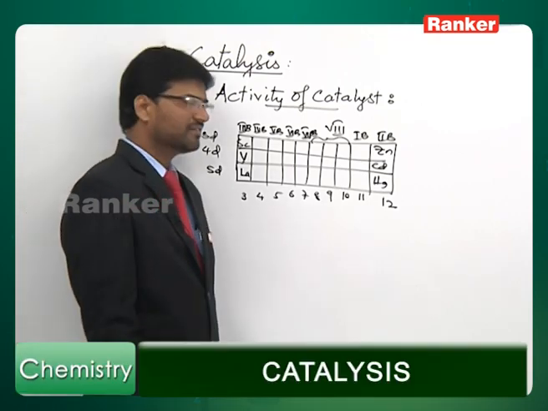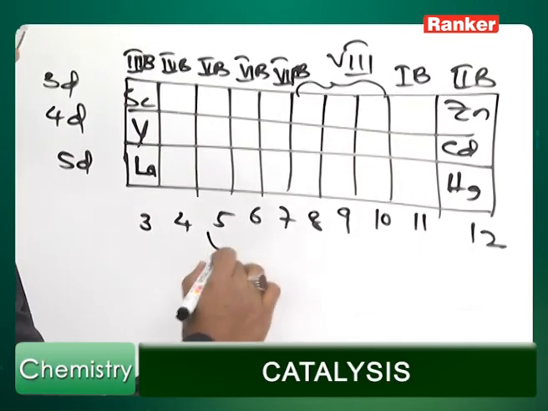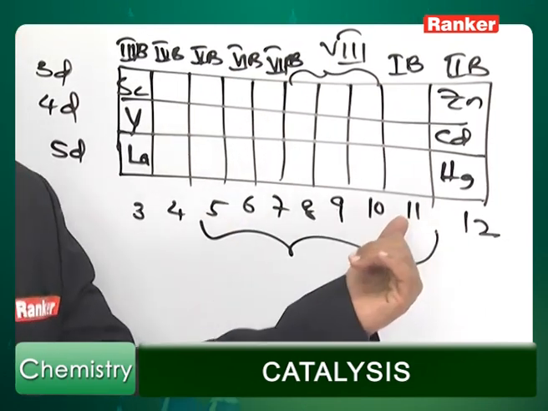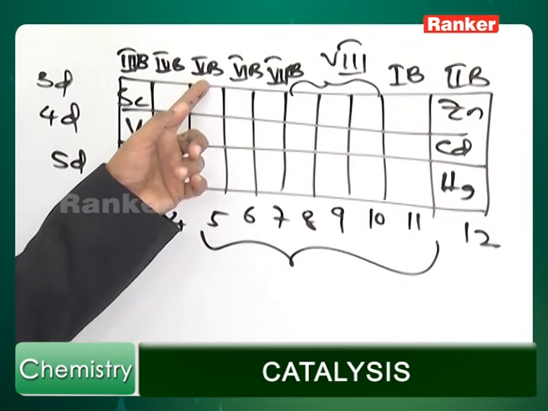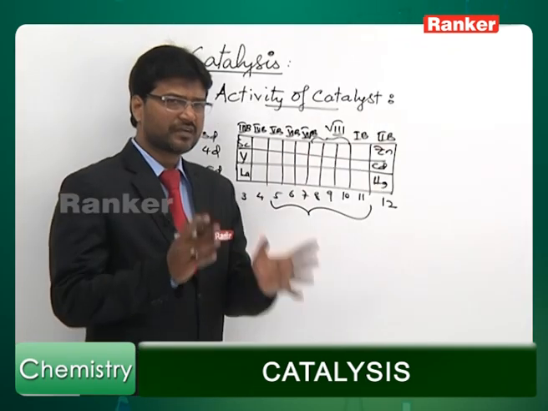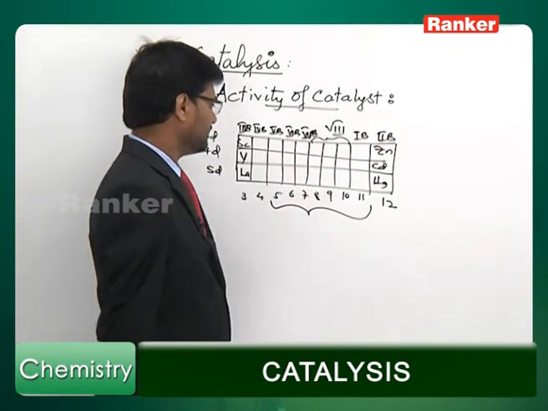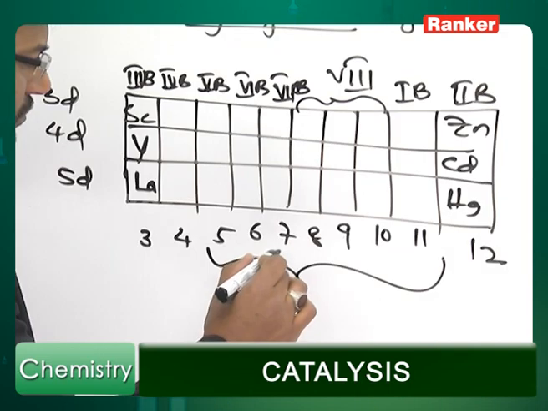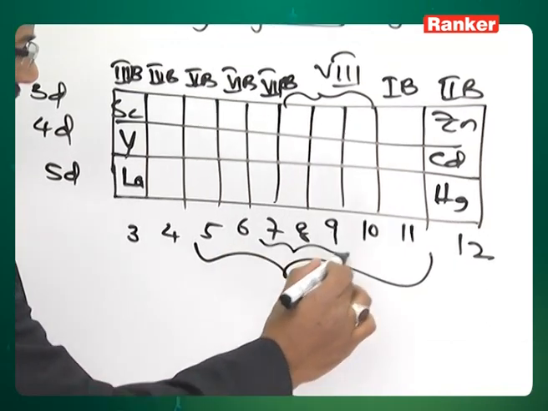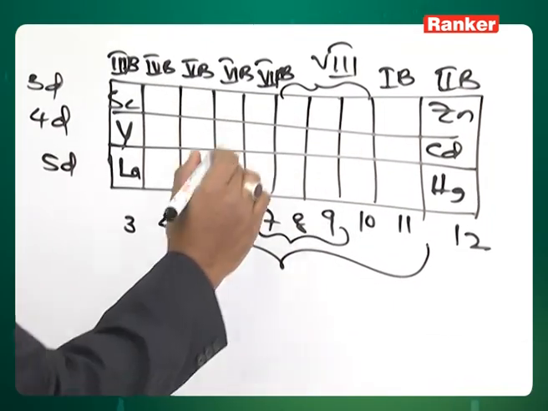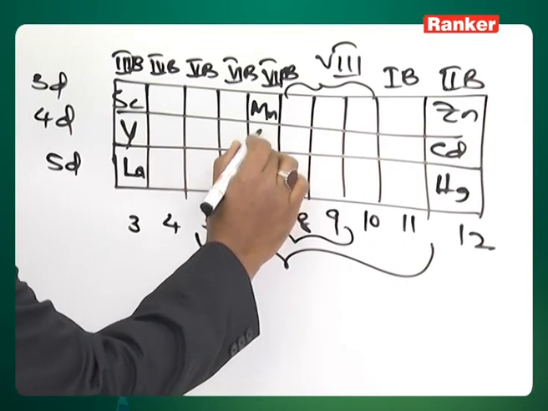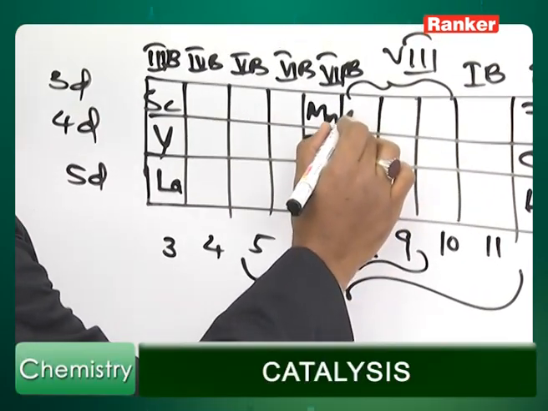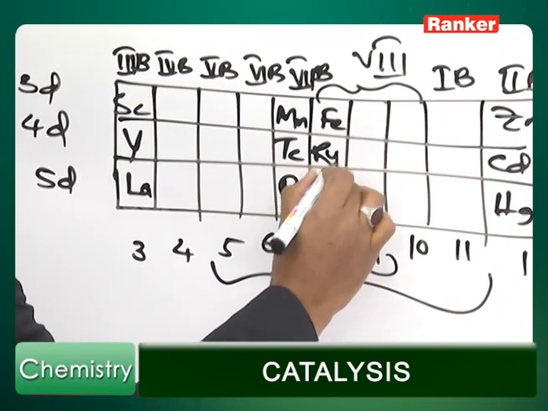For a metal to act as a good catalyst, it should belong to any of these groups from 5 to 11, or I can say from 5B to 1B. These metals act as good catalysts, and among them very good catalysts belong to these three columns, 7, 8 and 9. In the 7 you have manganese, technetium, rhenium, and here you have iron, ruthenium, osmium.